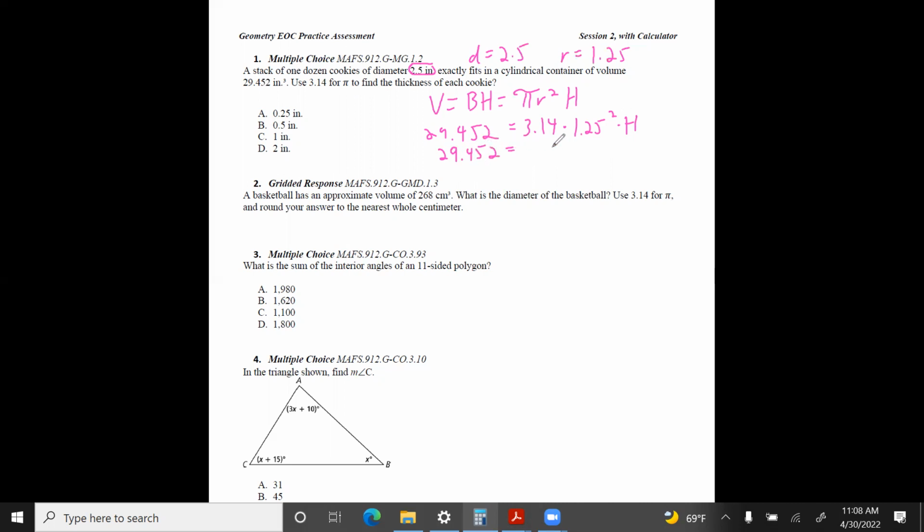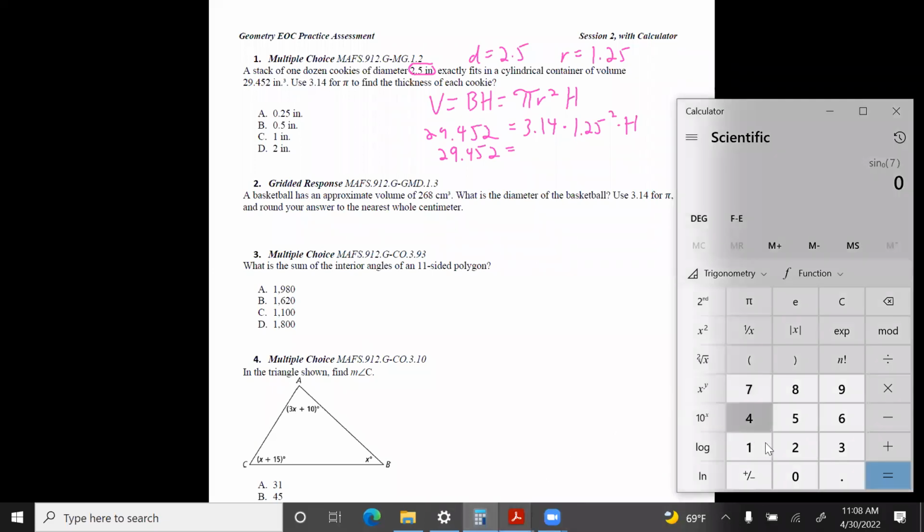So we still have 29.452. And then on this side, we're going to use our calculator and bring up a calculator here. For this calculator, let's do the squared value first. So 1.25 squared.